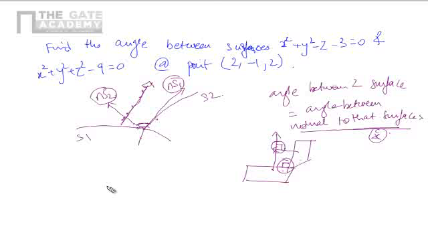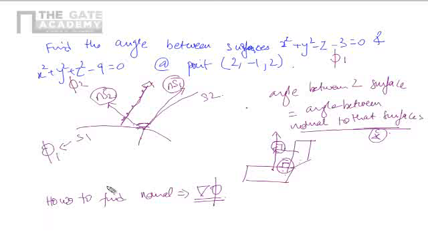Now how to find the normal? Del phi will give me that. So let me take this as phi 1 and this as phi 2, where S1 is nothing but phi 1 and S2 is nothing but phi 2.